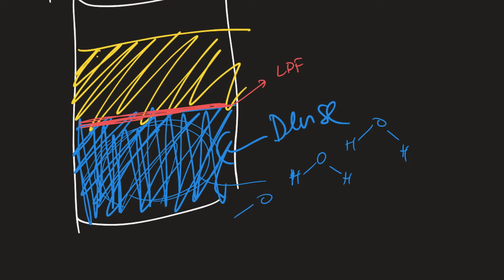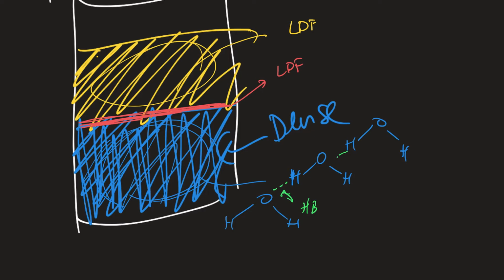What we find is that water has a much stronger attraction for itself due to the hydrogen bonding and the strong polarity. What it essentially does is push the oil out of the way, because the only type of intermolecular force the oil has in this case is London dispersion forces.